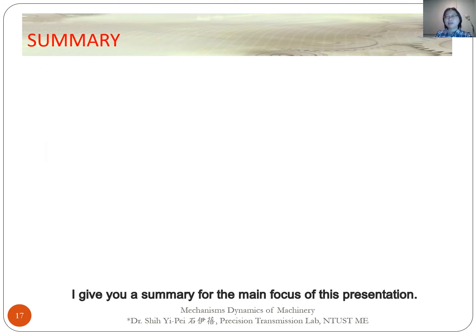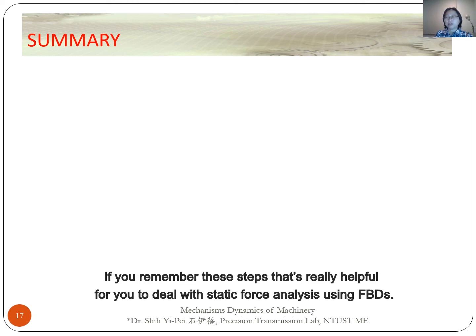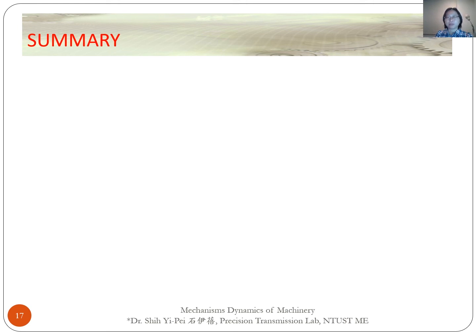I will give you a summary of the main focus of this presentation. The method of free body diagrams is broken down into 4 steps. If you remember these steps, it's really helpful for dealing with static force analysis using free body diagrams.